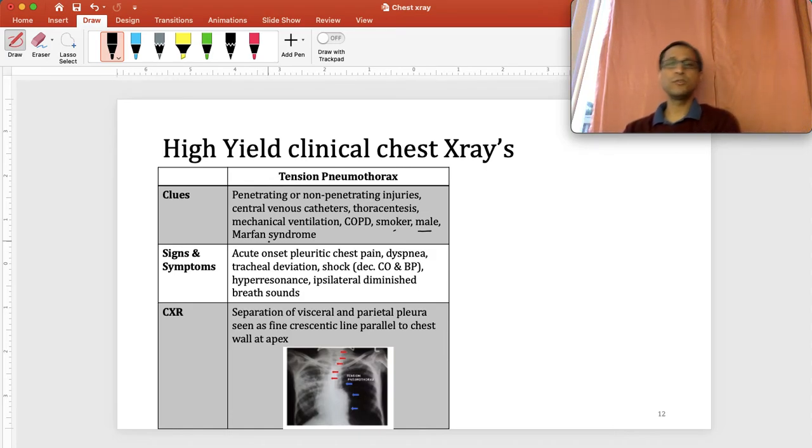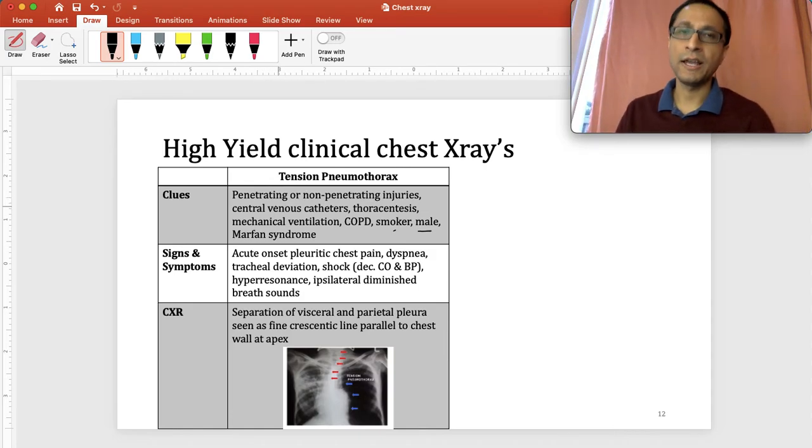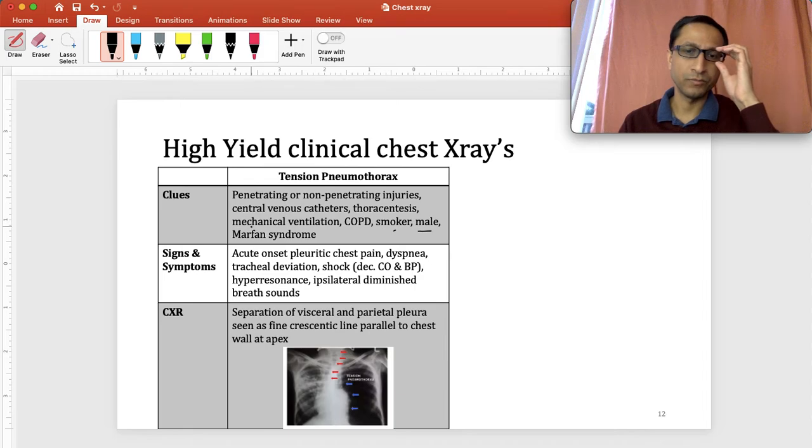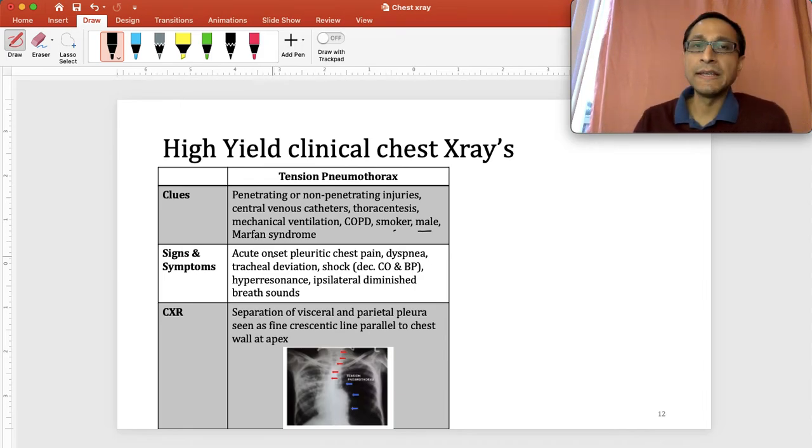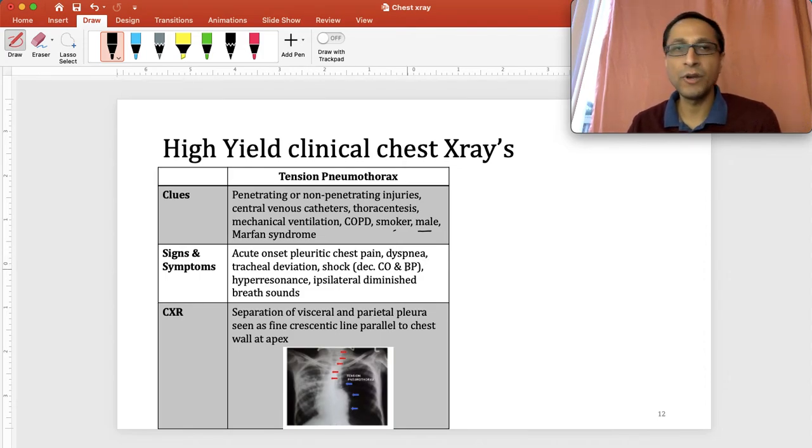Now, super important, tension pneumothorax, you have to pick this up in the question. If the patient is in the ER, in acute distress, with acute sharp pleuritic chest pain, shortness of breath, tracheal deviation to the opposite side, and features of shock, meaning decreased cardiac output and hypotension, right? Those are very important.